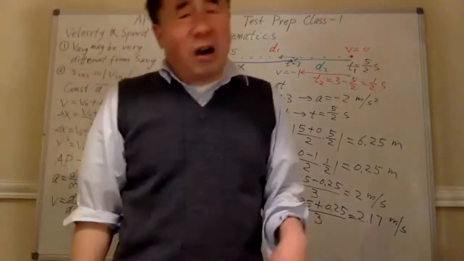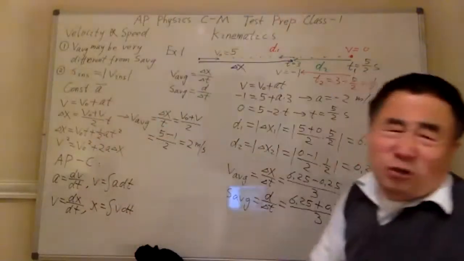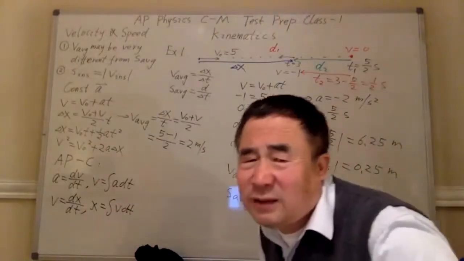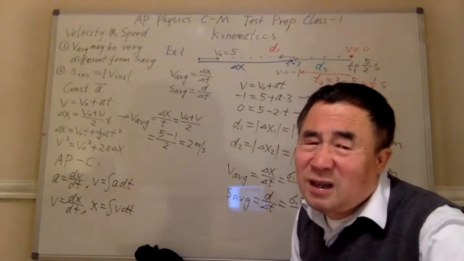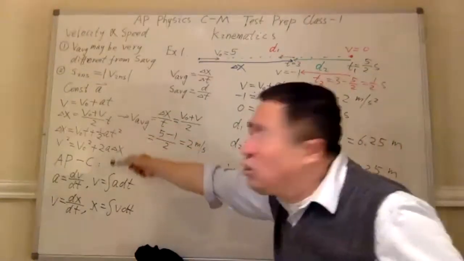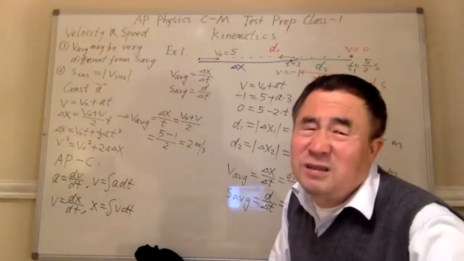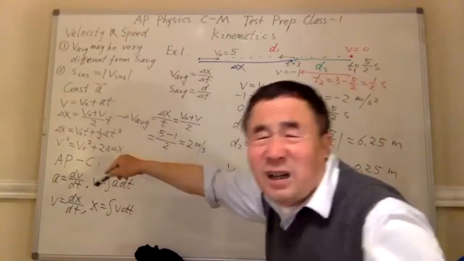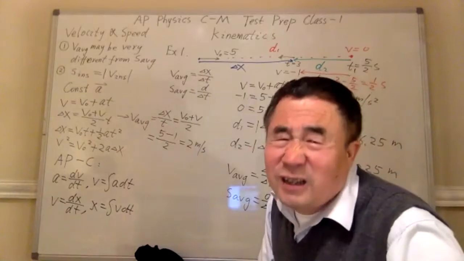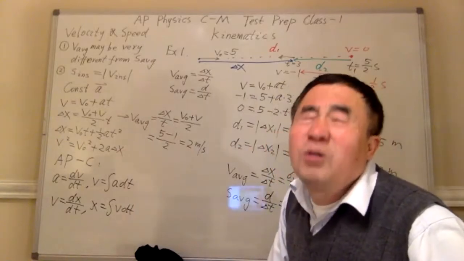But that is not what I recommend, because constant acceleration is still heavily tested in AP Physics C. If it's a constant acceleration, using this way makes things easier, or sometimes much easier. Constant acceleration matters not just in high school, but in college, in graduate school, or in medical school.